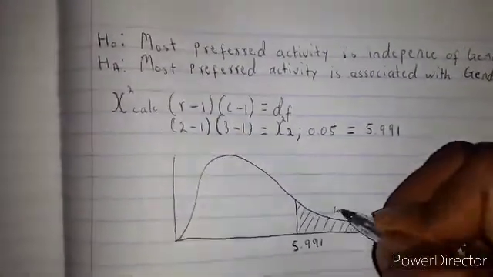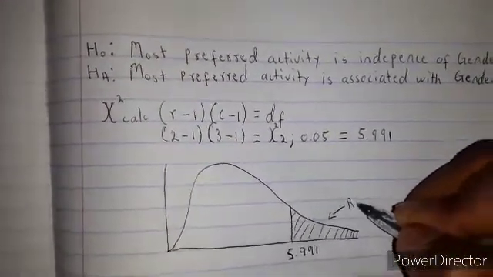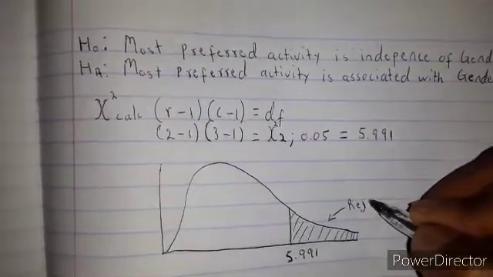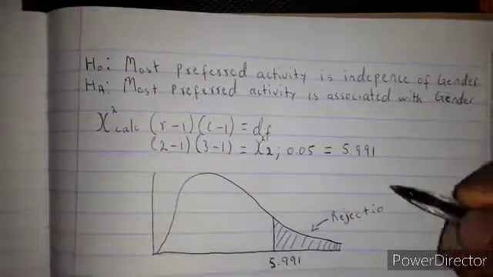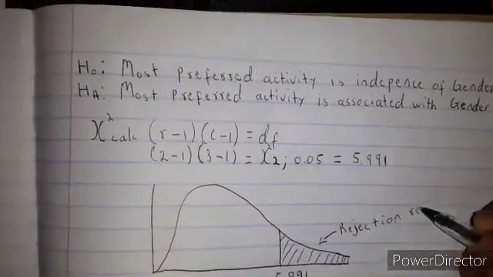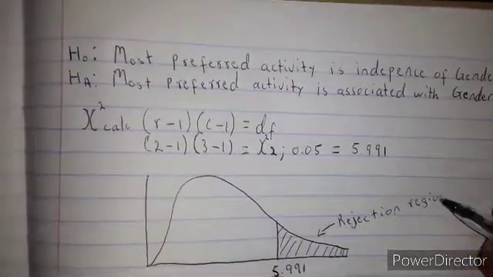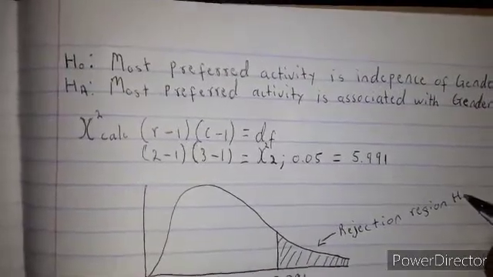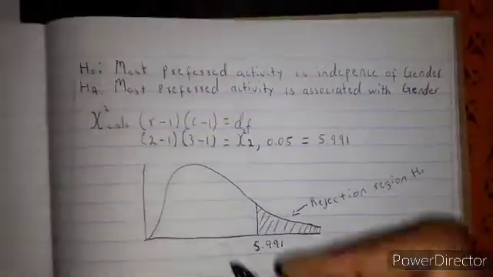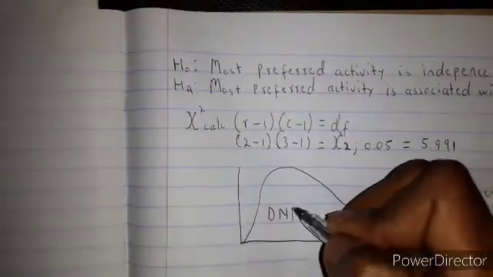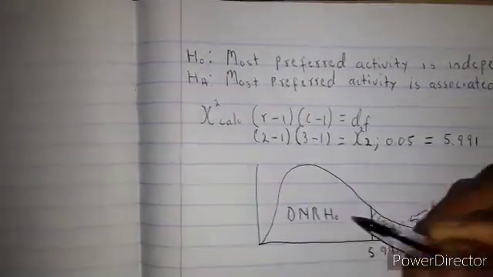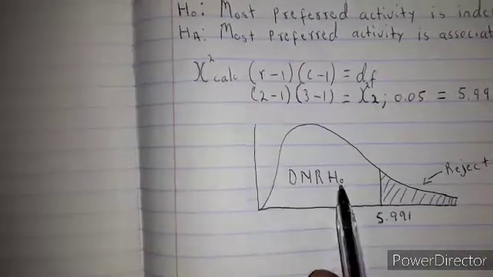This is the rejection area, the rejection region of H naught. Then this is the non-rejection area, which is do not reject H naught.